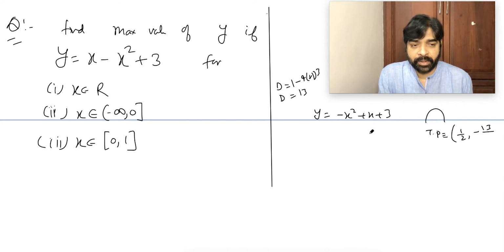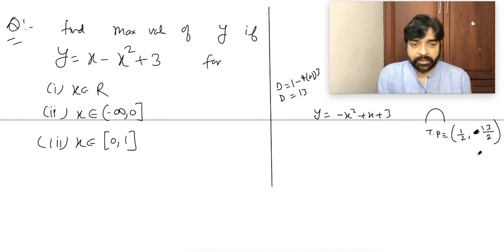So minus D by 4a means minus 13 by, am I doing correct? No, something wrong I am doing. By 4a, sorry, correct, 4a. This minus will get cancelled, so 13 by 4. Am I right? This is the turning point.